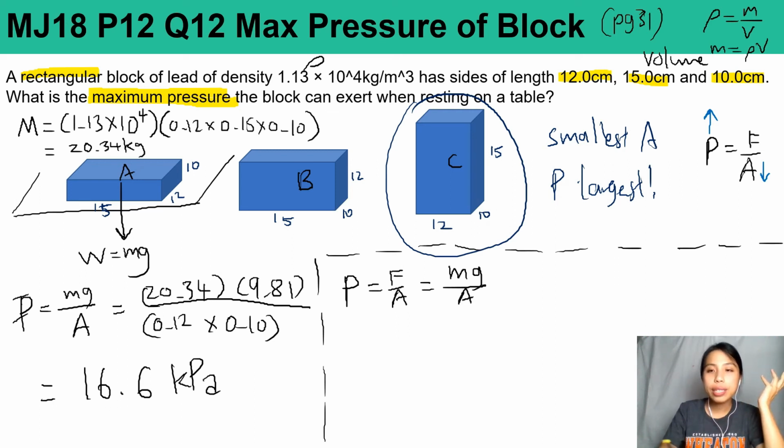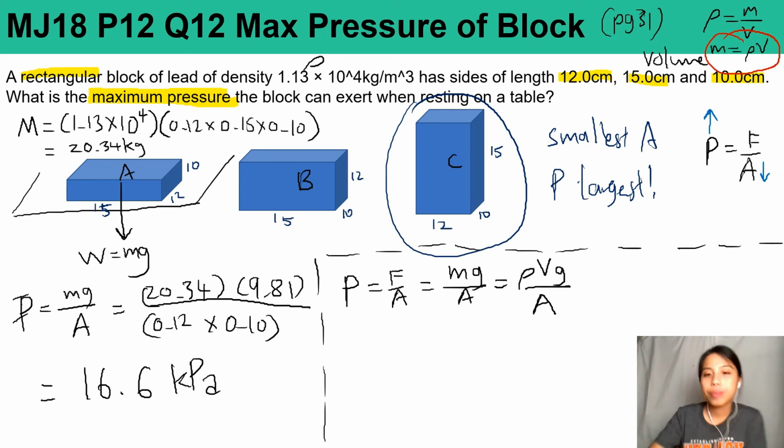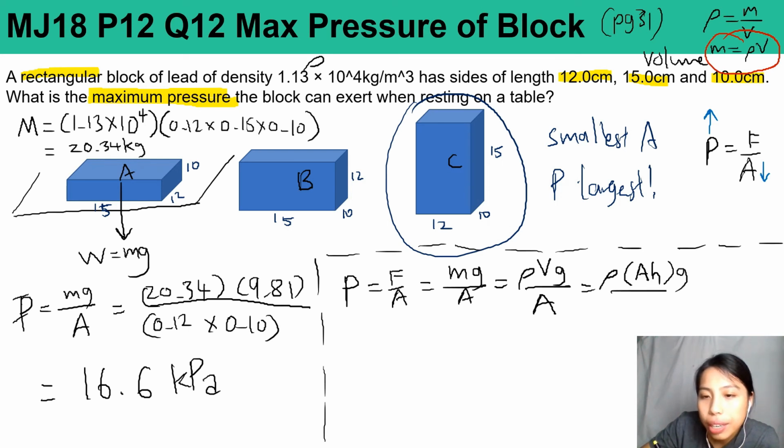And just now we established in the top right corner, we can use density and volume to find mass. So plug in again. So let's sub in density, volume, gravitational constant divided by area. And actually we can shortcut a bit more, because volume is actually cross-section area of the bottom part times the height, times gravity over area.